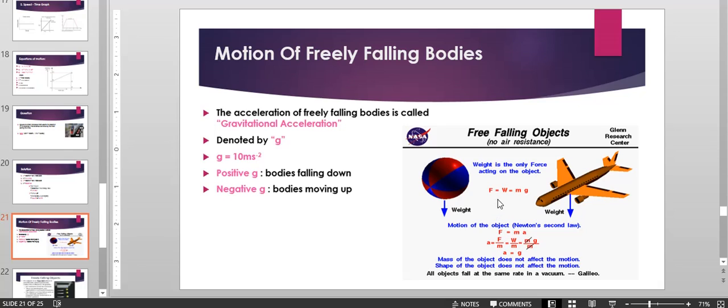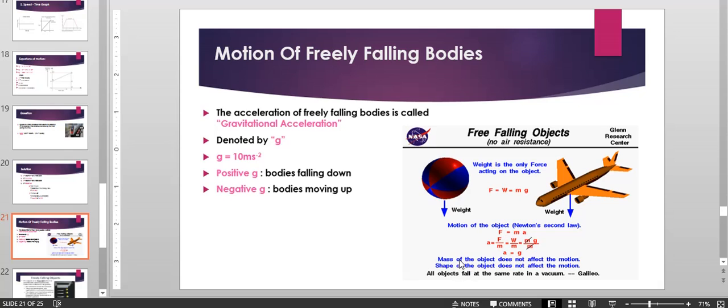As we have discussed, force is equal to weight, and weight is equal to mass into gravitational acceleration. So substituting the values of weight, in the end acceleration is equal to gravity.